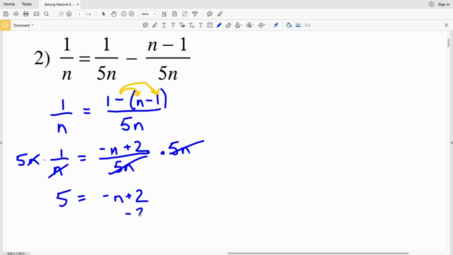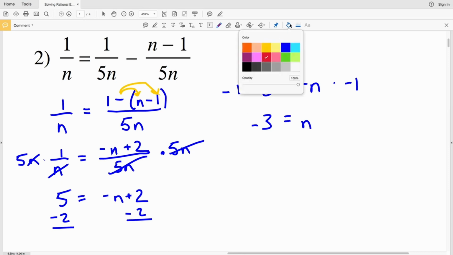Now we're going to subtract 2 from both sides to get that 3 is equivalent to negative n. Now we're just going to multiply by negative 1 on both sides to get a positive n, so that'll be negative 3 equal to a positive n. So negative 3 is the solution for number 2.